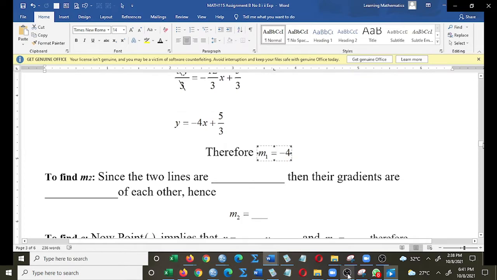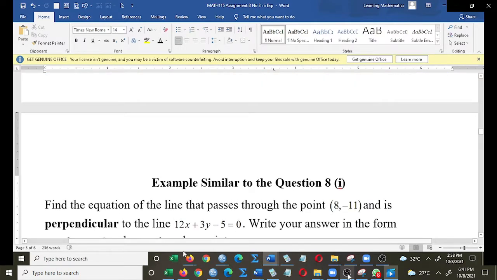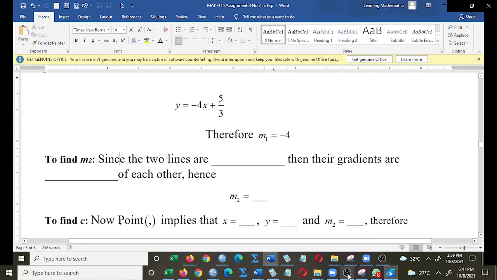Since the two lines are perpendicular, okay, let me just copy this there just to show you we are being guided from the question. Since the two lines are perpendicular, what can we say?